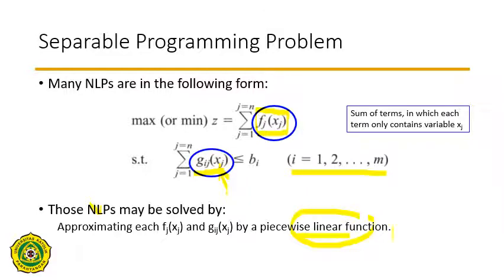Let's say you have a function that looks like that, which is nonlinear. We are going to approximate it using several piecewise linear functions. Okay, so now everything is linear. You may have a linear programming problem, and then we may use the simplex algorithm to solve it.